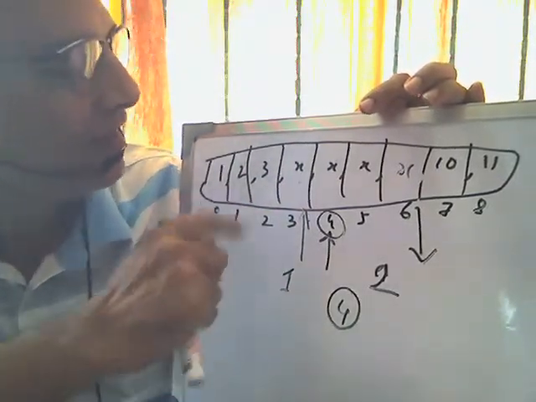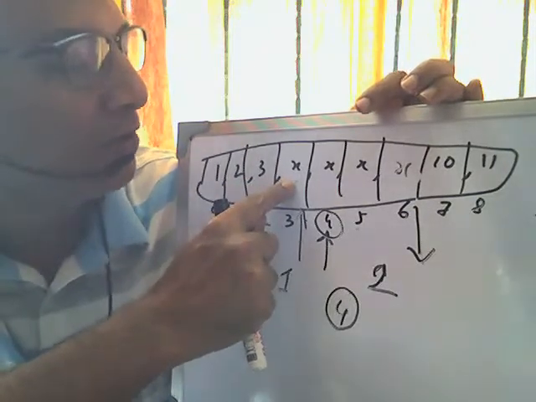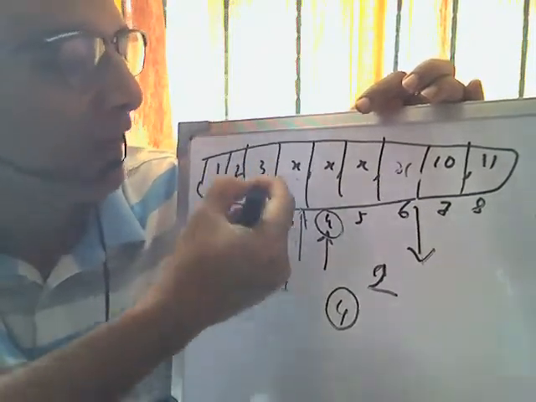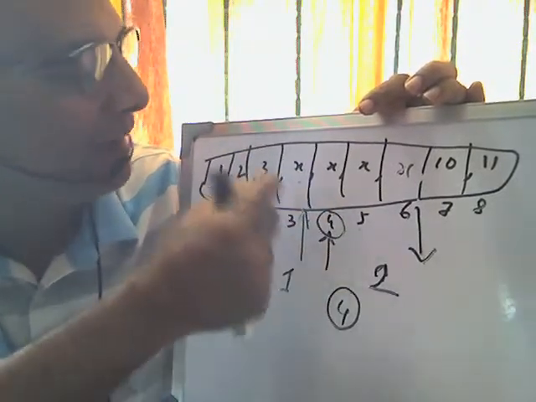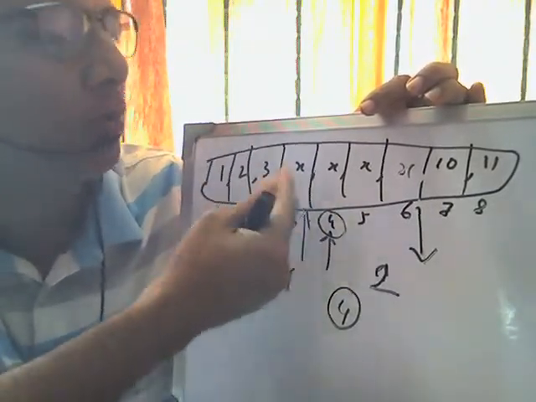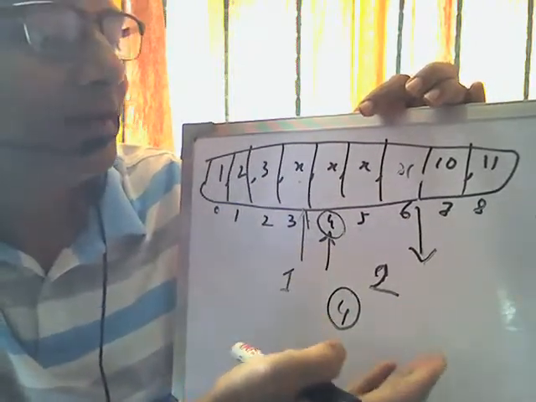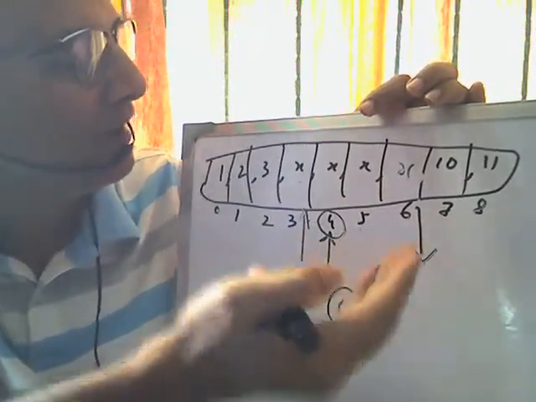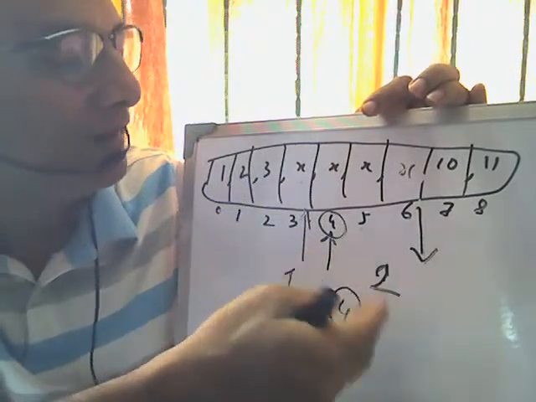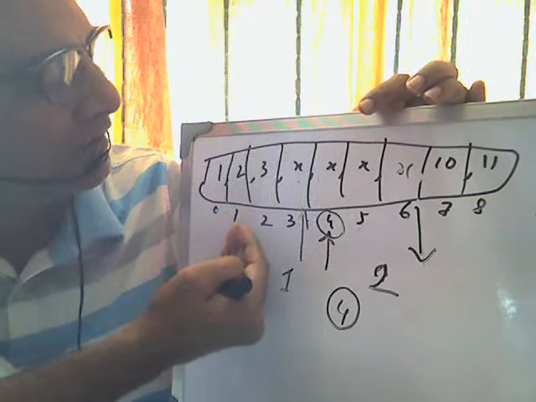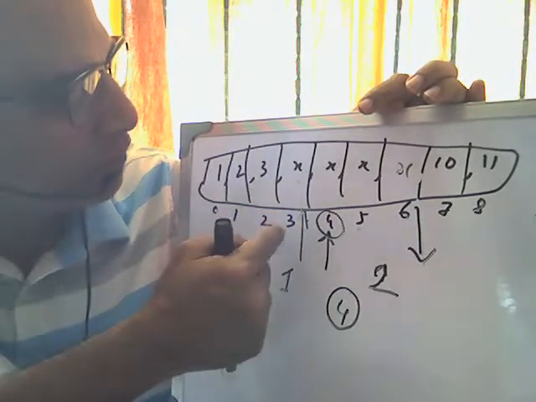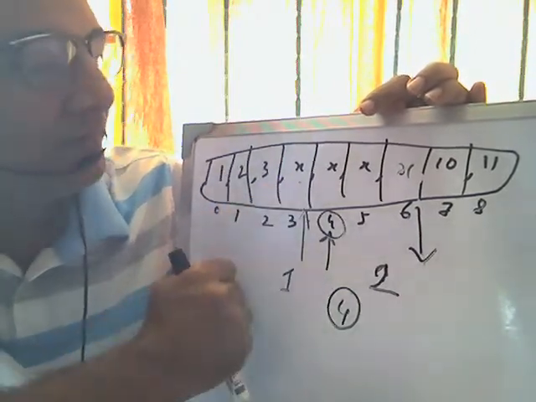You see here, if mid is equal to low and a mid is equal to data, what does it mean? That means mid value will be reassigned to low value. If you get that low value and mid value are the same, that means we are on the leftmost occurrence of x.